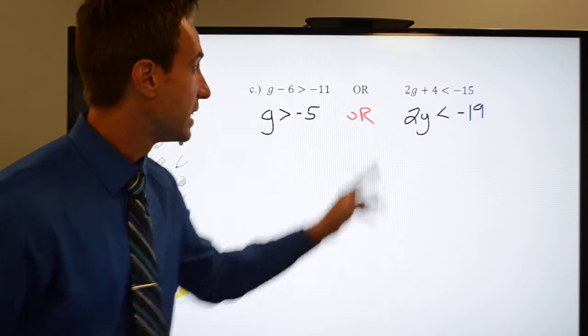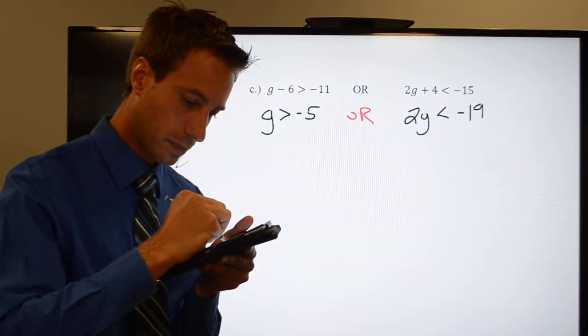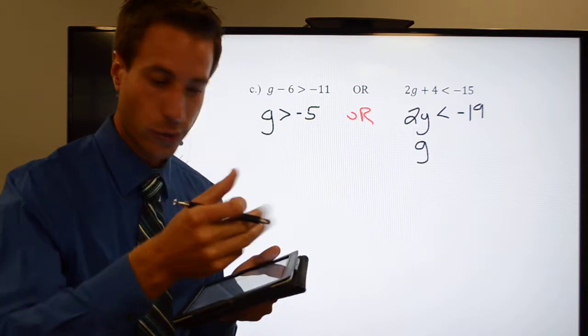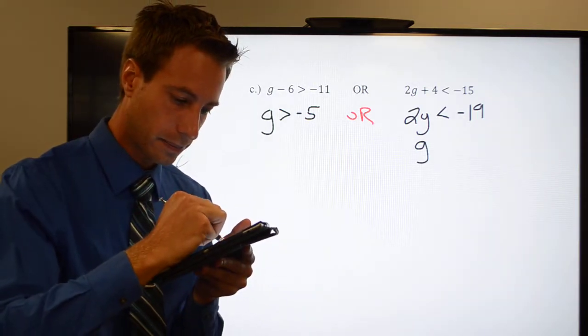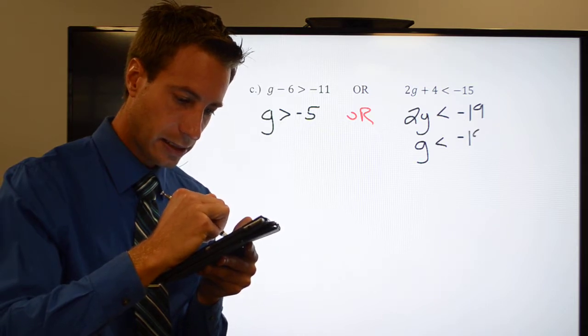Okay, now I'm going to need to divide both sides by 2. It is a +2, so I don't have to worry about flipping the inequality. And I wind up with -19 halves.